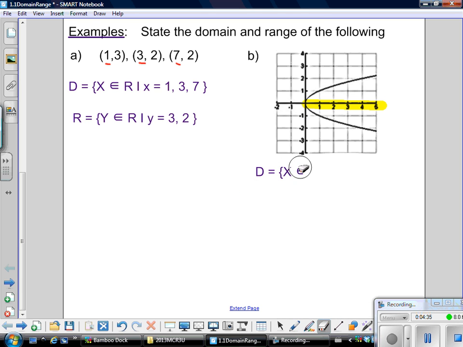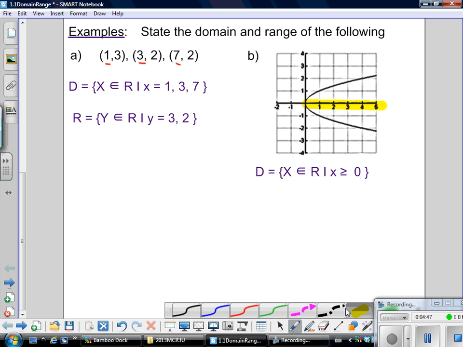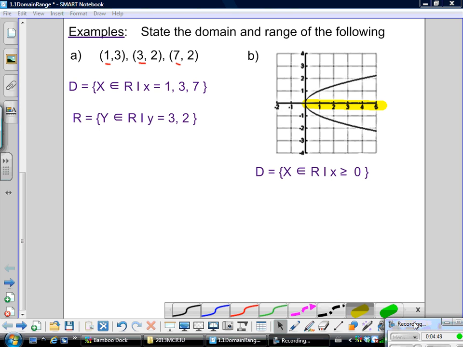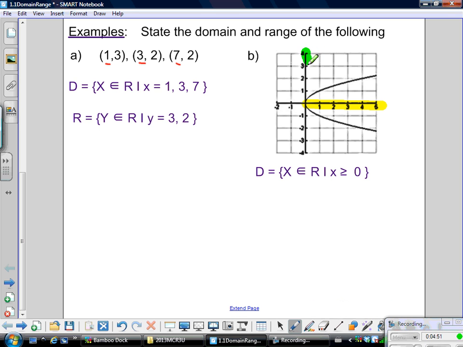So I have the domain: x is in the set of real numbers such that x has to be greater than or equal to 0. Now the range, again, we're looking at it as being along the y-axis. It appears that this graph is going positive, and it doesn't appear that anything's going to stop it.